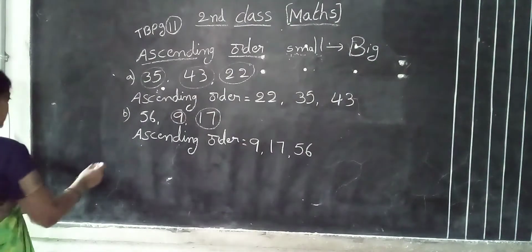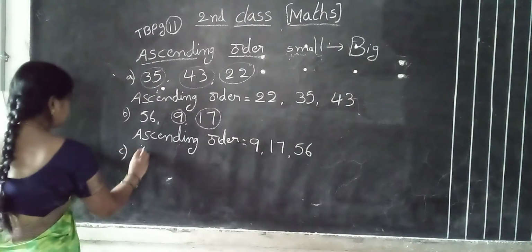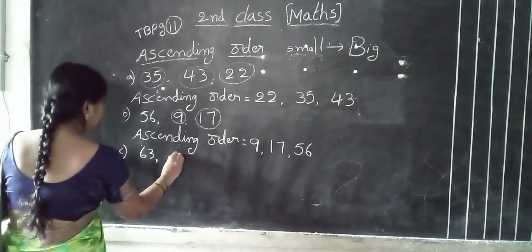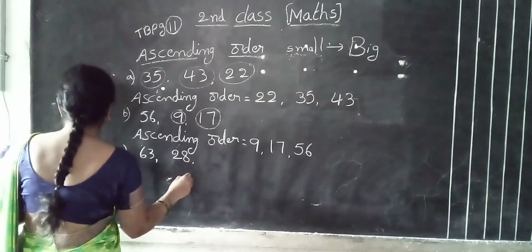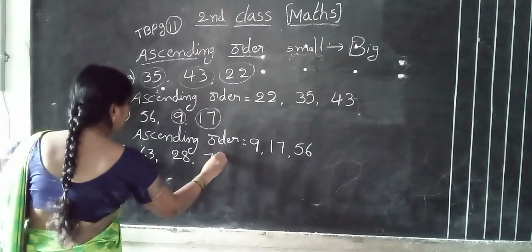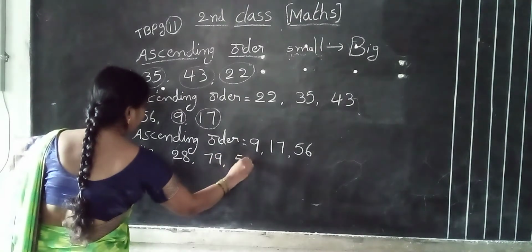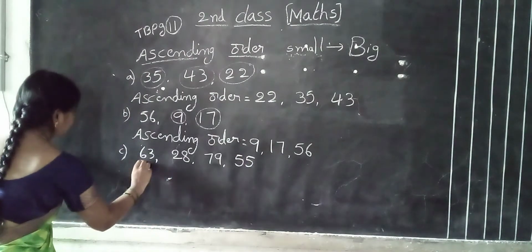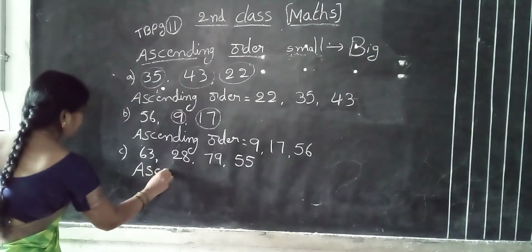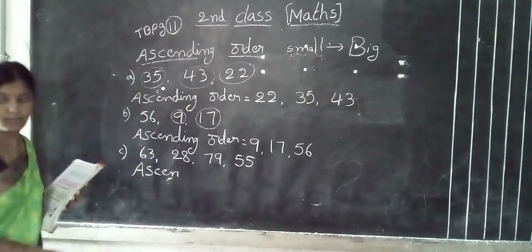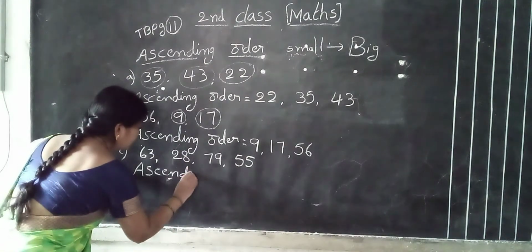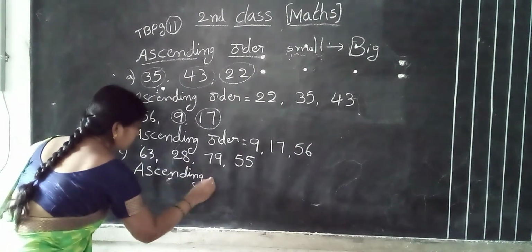Next another one. 63, 28, 79, 55. Ascending order.